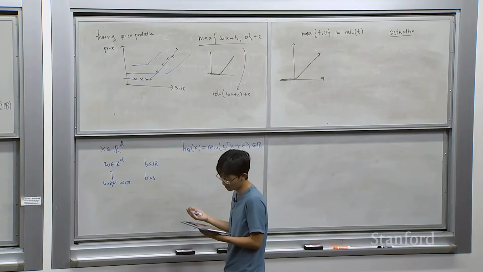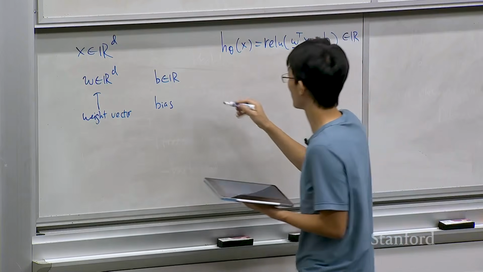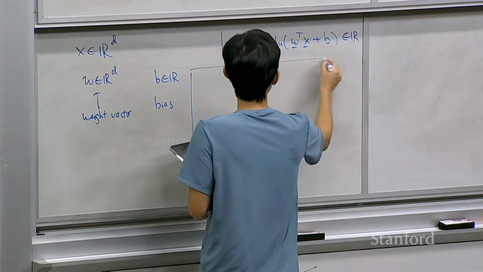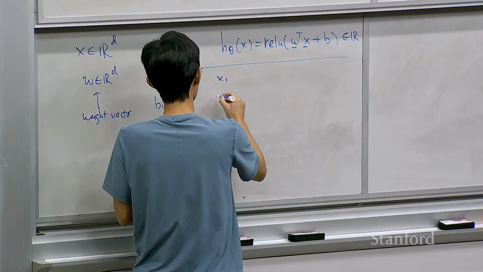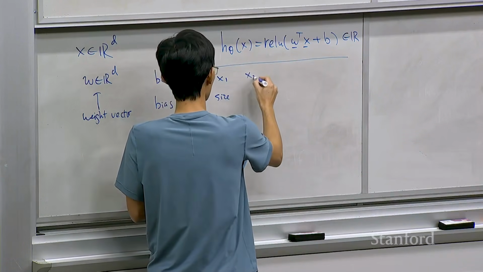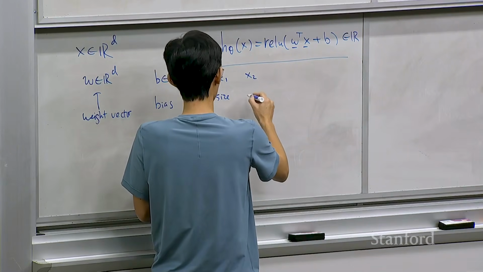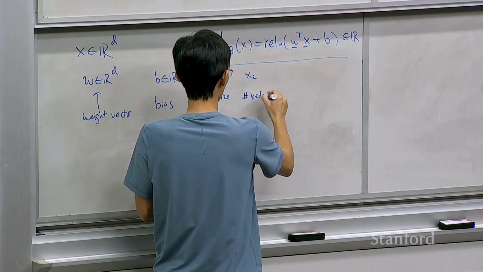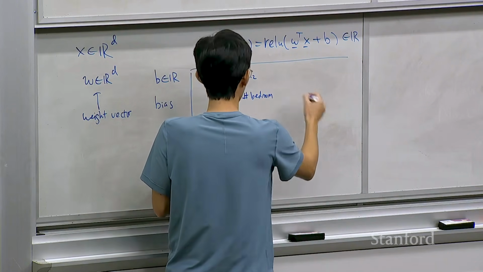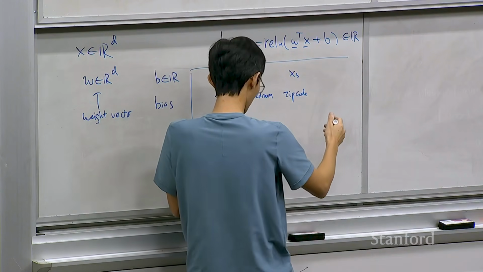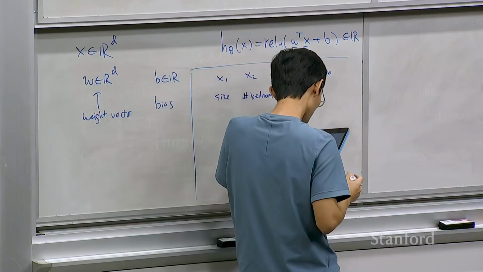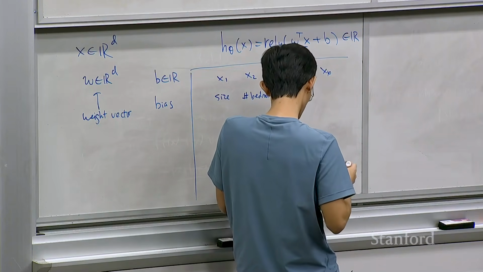Let me give you the full example, just to slow down a little bit. Suppose x1 is the size, x2 is the number of bedrooms, and x3 is the zip code, and maybe x4 is something else.